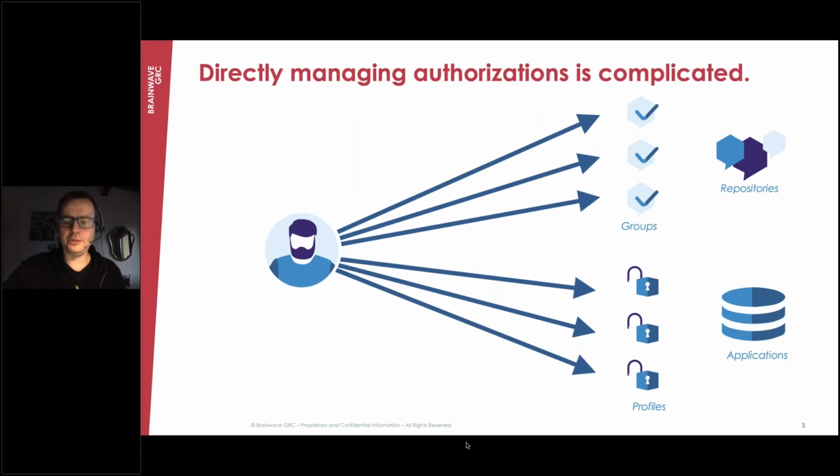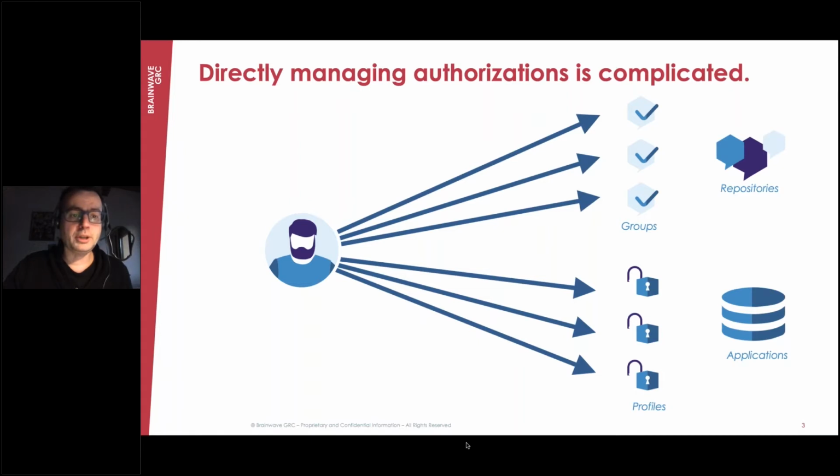If you manage those authorizations independently, individually, directly, what we also call discretionary, it will require a lot of actions, and those actions can lead to a lot of errors.